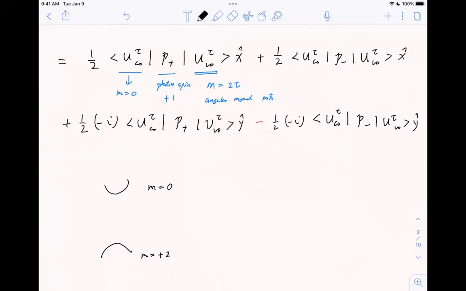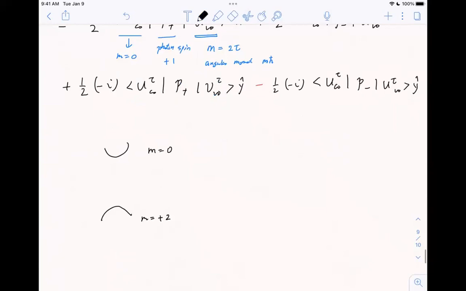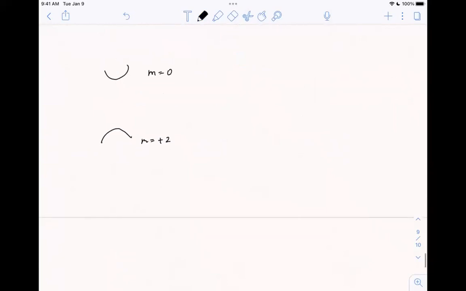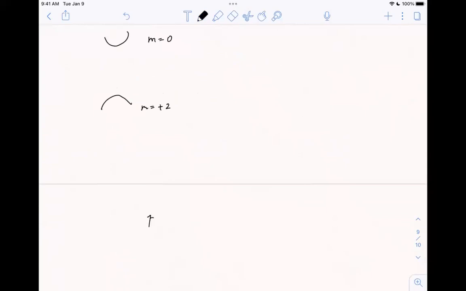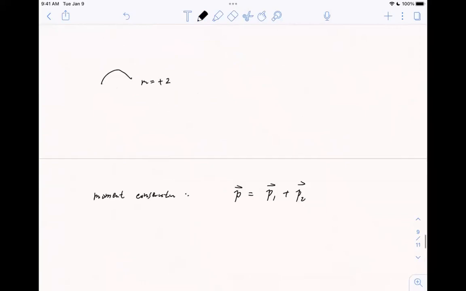That is important because this angular momentum will become crystal angular momentum. You know what momentum conservation means, right? You have P equal to P1 plus P2. But you have a crystal.